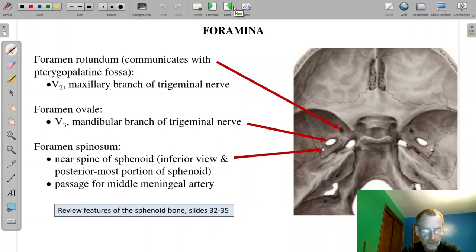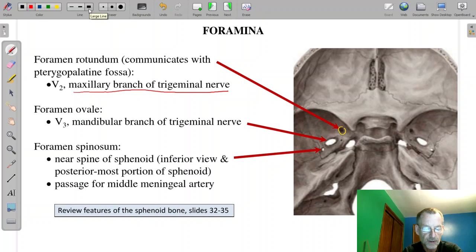Okay, next slide. These 3 foramina in a row, all part of the sphenoid bone. And we have the Foramen Rotundum. And through the Foramen Rotundum goes V2, the maxillary branch of the trigeminal nerve.